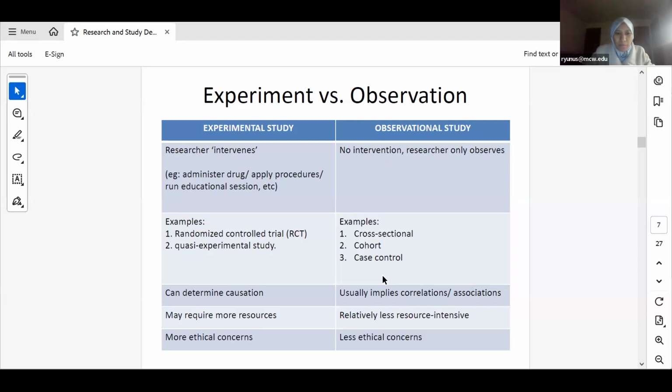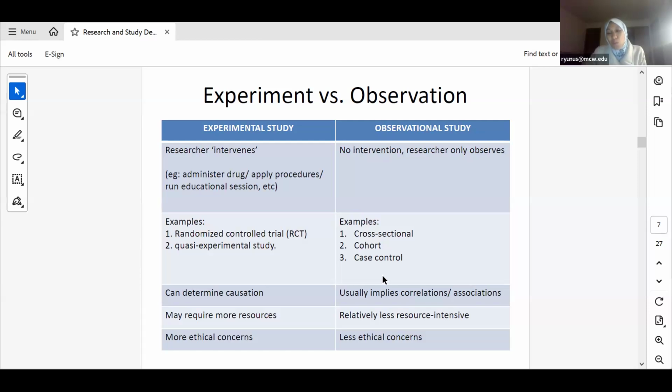Experimental studies are usually more difficult to conduct, more expensive, and more resource intensive as compared to observational studies. And of course, in experimental study, we have more ethical concerns because we manipulate the variables, right? Most experimental studies have to do with introducing a new drug or a new type of treatment to see whether it is effective or not.